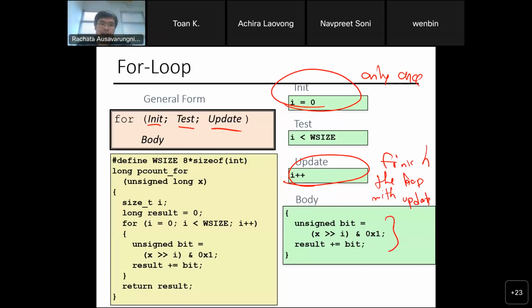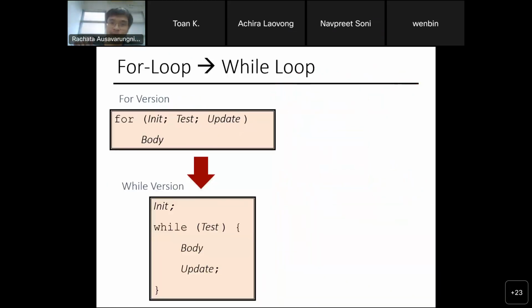All right. So we can do p count using the for loop again. We are not going to go through the example. Hopefully that's clear. We count the number of one bits, right? But we will show the conversion from the for loop to the while loop. What's the conversion? To be honest, it's really simple, right?